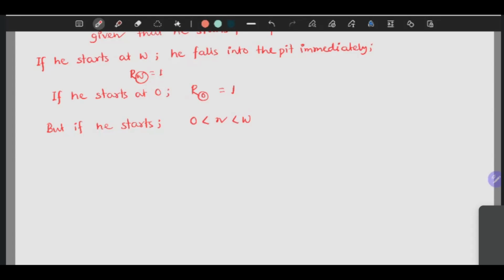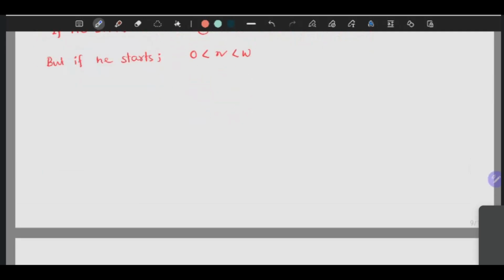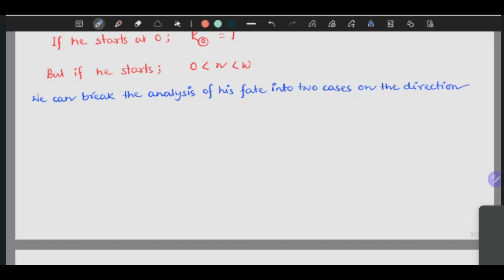Basically, we can break the analysis of his fate into two cases, based on the direction of his first hop or first step.